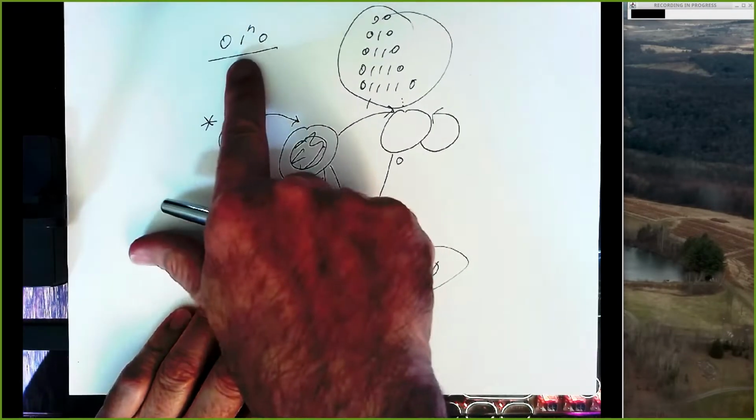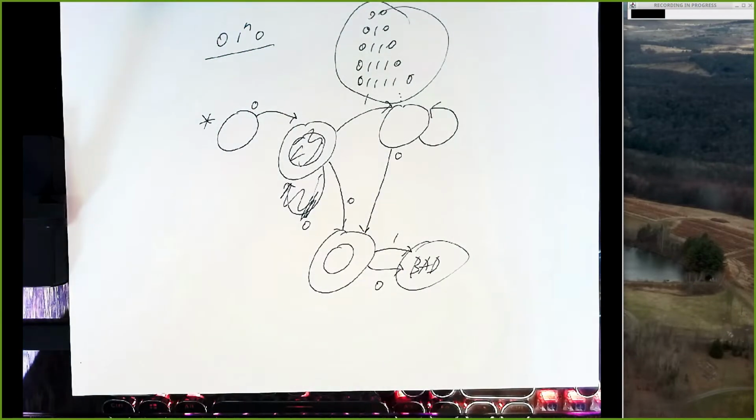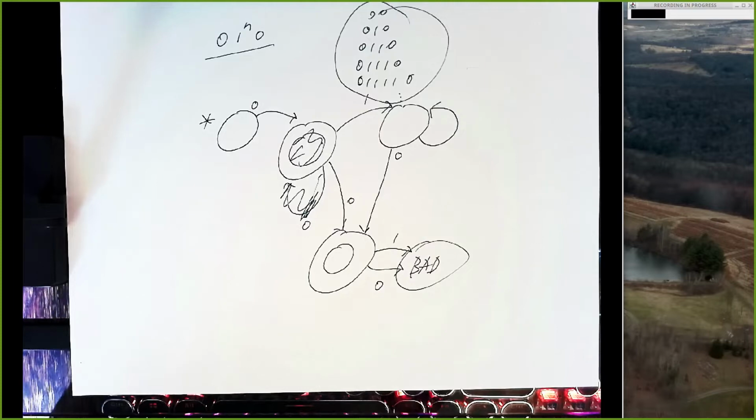Right, so a 0 followed by n 1s followed by a 0. Does that make sense? Not really, because you're including this bad state, but that wasn't part of the 0, 1, 0. Did we have to add the bad state?